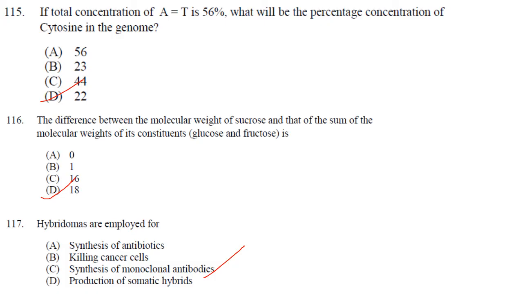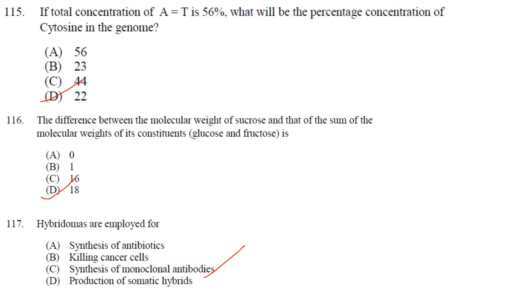Now the sum of the molecular weights of glucose and fructose: 180 plus 180, you will get somewhere around 360. Now what they have asked is the difference between the molecular weight of sucrose and the sum of the molecular weights of its constituents. What is the molecular weight of the constituents? 360. And what is the molecular weight of sucrose? 342. You must subtract both of these and you will get 18. Answer is option D. Then next one.